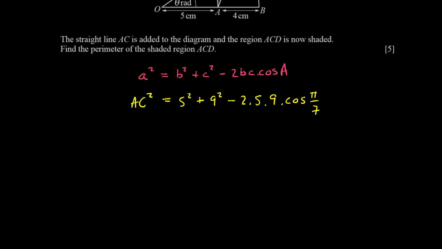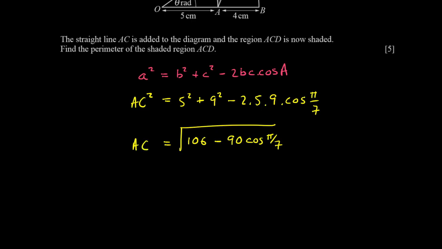Well, let's simplify all of that. 5 squared is 25 plus 9 squared, so 25 plus 81 is 106. And then 2 times 5 is 10, times 9 is 90, so minus 90 cos pi by 7, and therefore AC is going to be the square root of that.